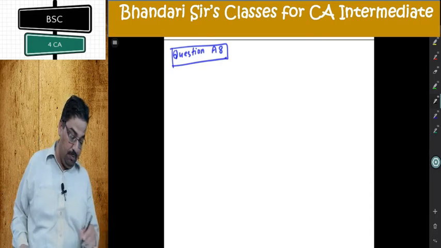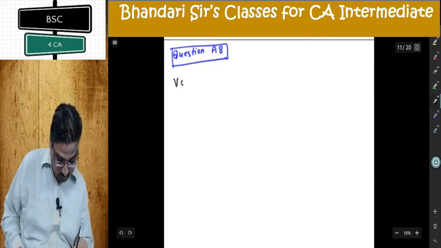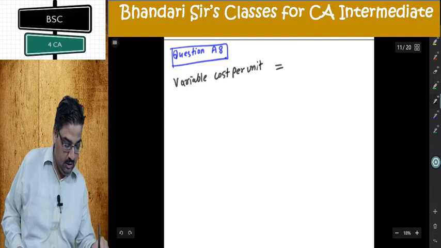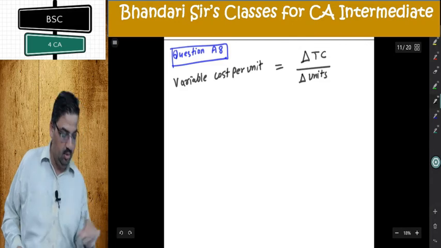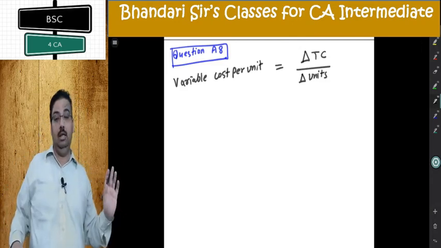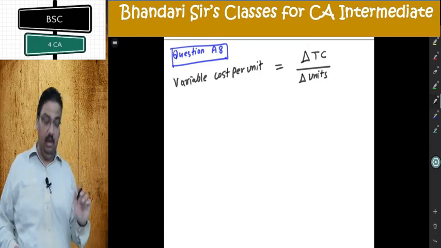So first thing I am computing here, variable cost per unit is equal to change in total cost divided by change in units. Once I get there, the basic data is with me, I can calculate anything.